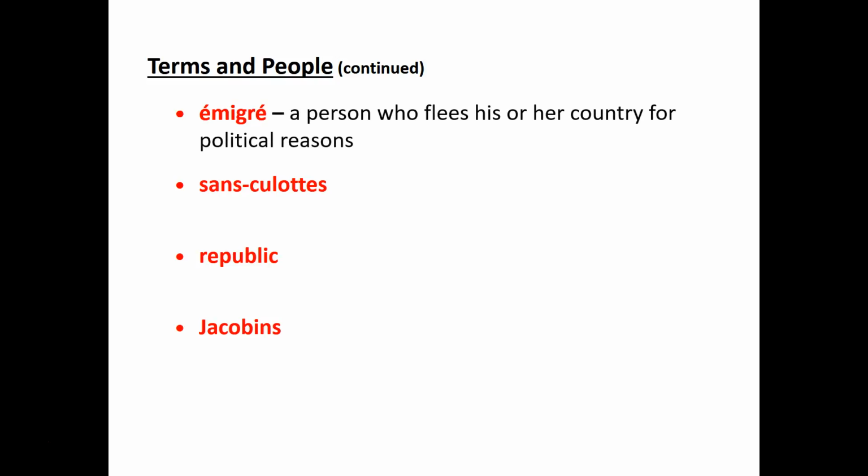An émigré, a person who flees his or her country for political reasons. In this case, it's primarily the nobles fleeing France as their property was seized, as there was rioting and violence, and a move to eliminate the monarchy and other privileges enjoyed by the nobility.